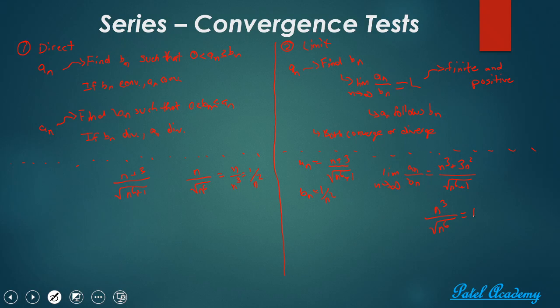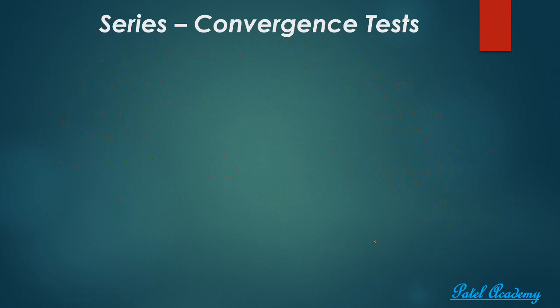Because the limit as n goes to infinity is equal to 1, our L value is 1, it's both finite and positive, so that means that a at n converges. Why? Because b at n converges. If b at n diverged, if our a at n had something related to 1 over n, and we used b at n equals 1 over n, and we found that L is finite and positive, then a at n would diverge.